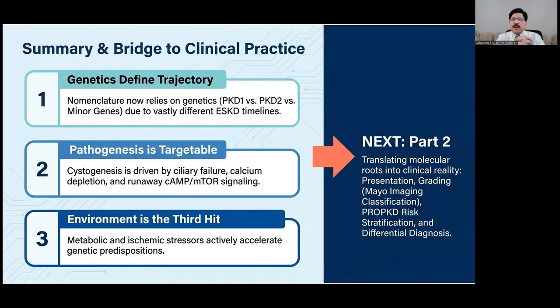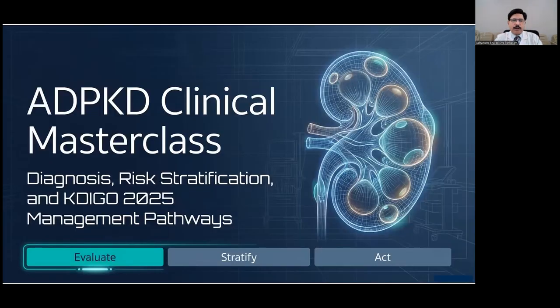Next part is translating the molecular roots into clinical reality: presentation of the patient, grading, Mayo Clinic imaging classification, PROPKD risk stratification and scores, and differential diagnosis. Now, it's the second part: diagnosis, risk stratification, KDIGO 2025, and then management pathways.